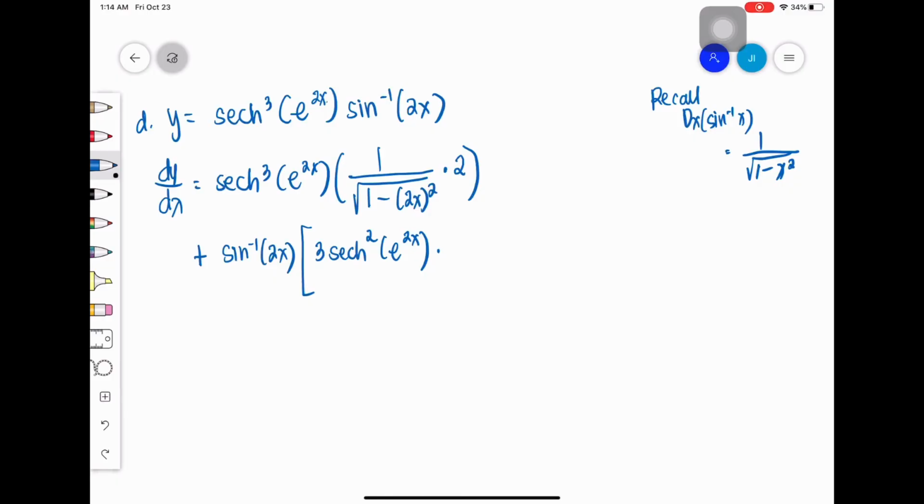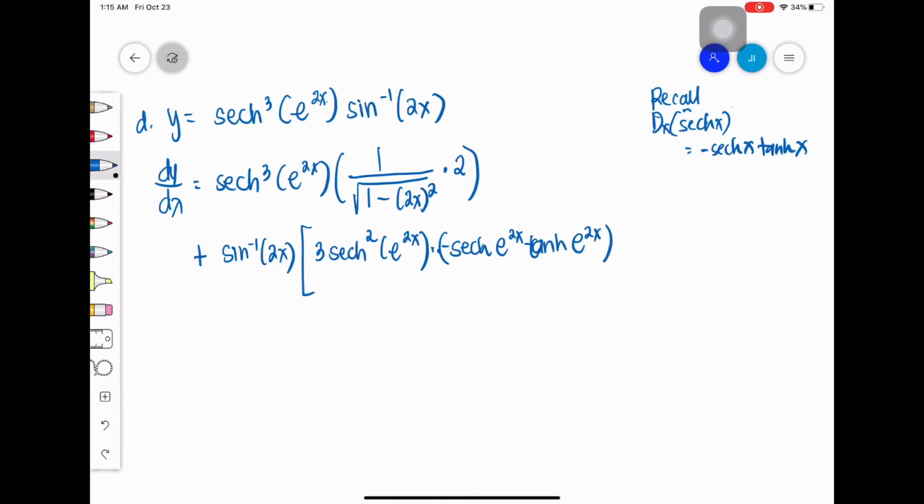Or recall lang, what's the derivative of hyperbolic secant? The derivative is the same as the usual secant, but it's just negative. So the derivative of hyperbolic secant is negative hyperbolic secant hyperbolic tangent of what's inside, of course. No? So the derivative of hyperbolic secant e raised to 2x is negative hyperbolic secant of e raised to 2x hyperbolic tangent of e raised to 2x.